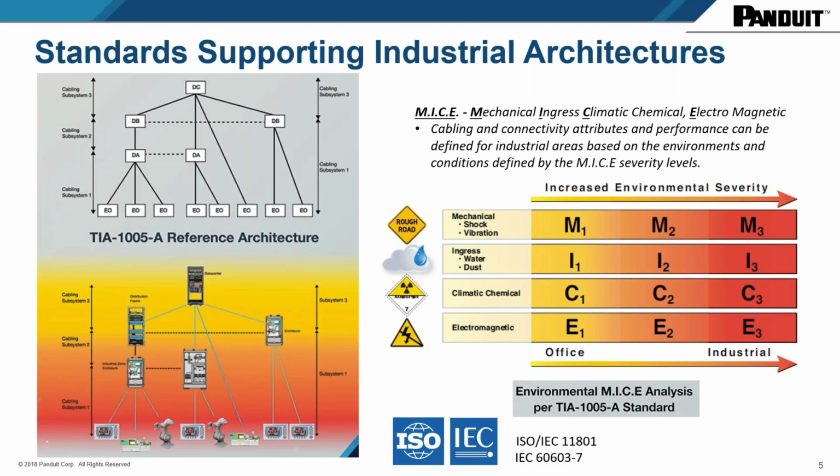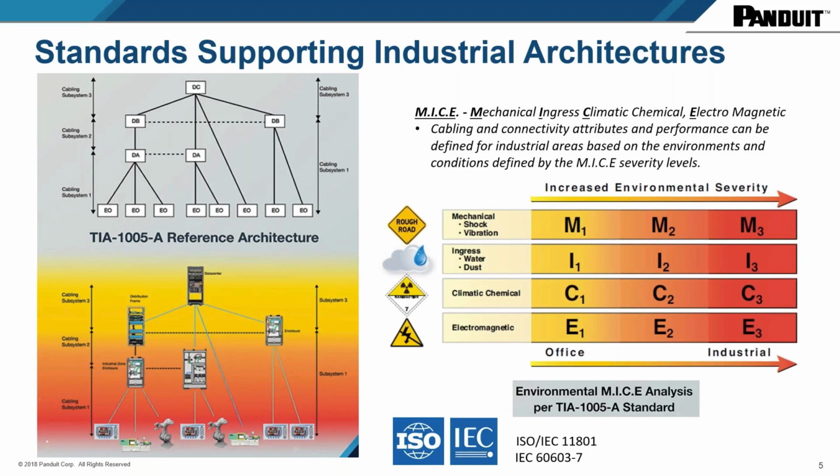So when we look at these standards, and if you open up the 568 or the 1005, you will notice that there are structures for how a network can be and should be laid out in commercial and industrial. And what you see on the left-hand side at the top is what we call a star topology.